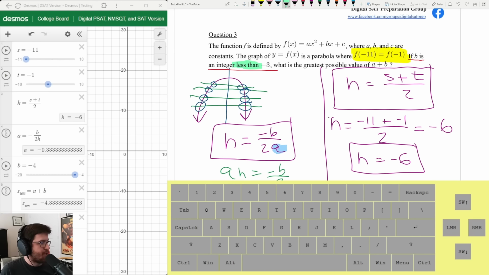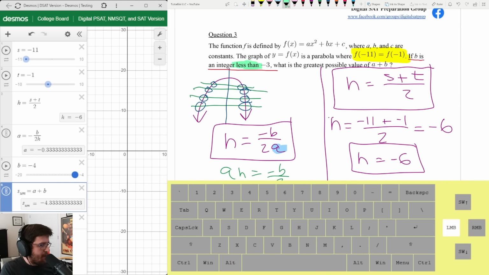I calculate h, I calculate a using the equation we came up with, and I just come up with some random number for b. So -4, and I made the slider from -20 to -4 with a step of 1 because we're only looking at integers. You can kind of see that here. So you see, it can't be -3, so it's got to be -4 or smaller.